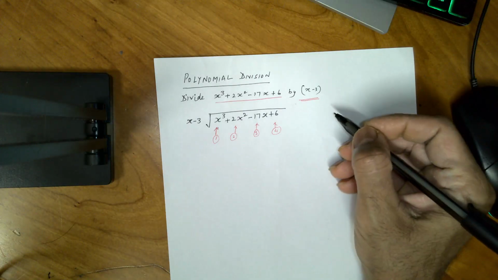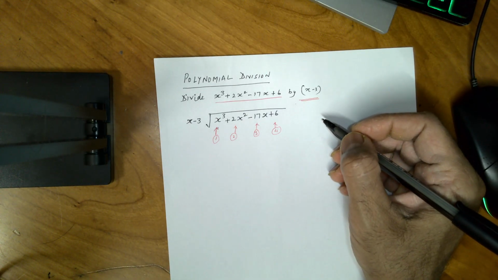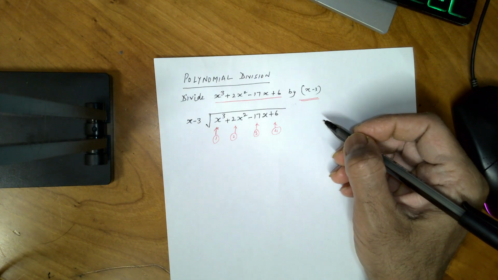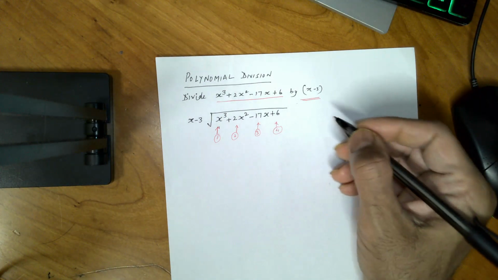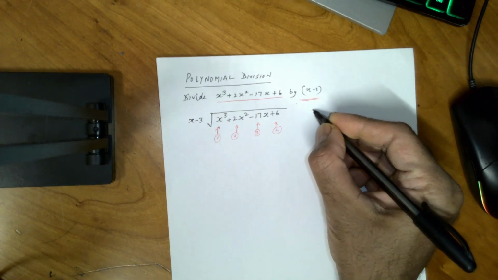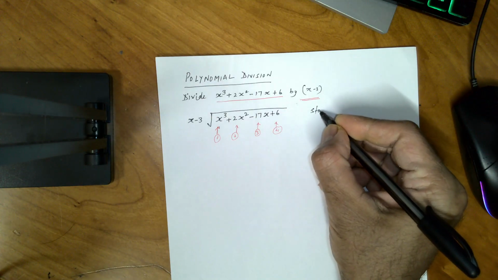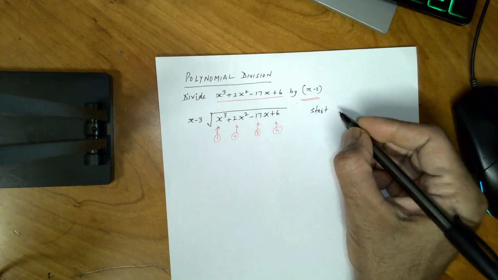So start by dividing the first term of the polynomial by x. Write this down here for you as well, because this is a new thing.